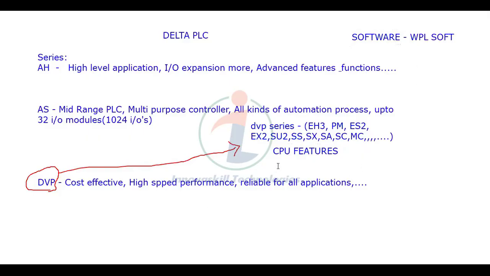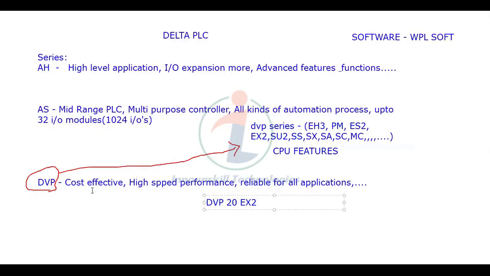For example, if it is DVP series, a model of a particular PLC will be DVP 20 ES2 or EX2, like that. Different models will be available.